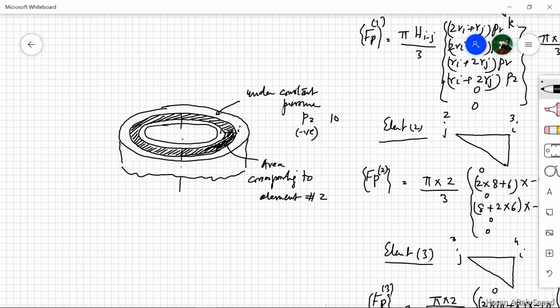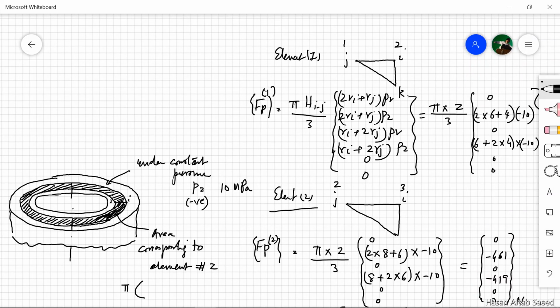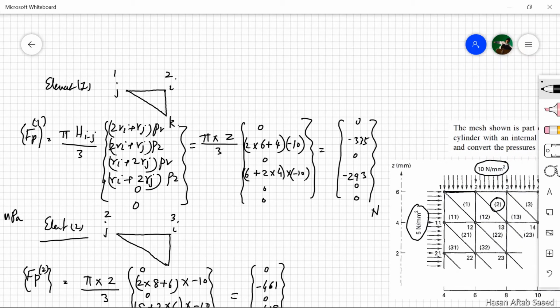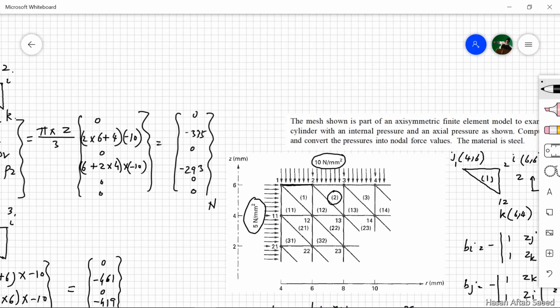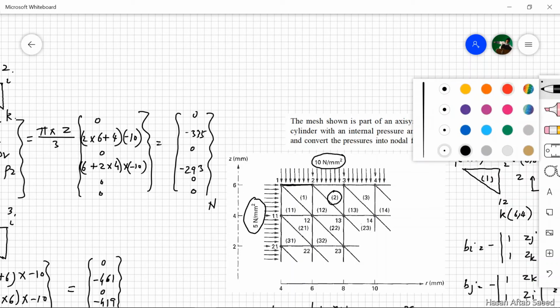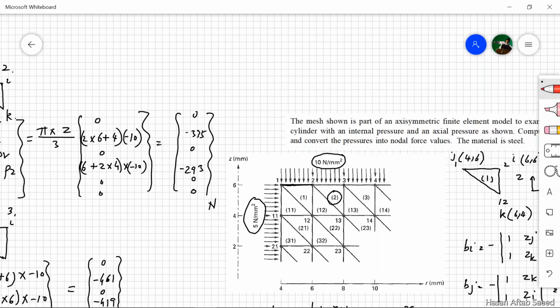Now the pressure is 10 MPa, and this area, if we look at the diagram, for element 2 we are talking about this. So the radius is from 6 to 8.